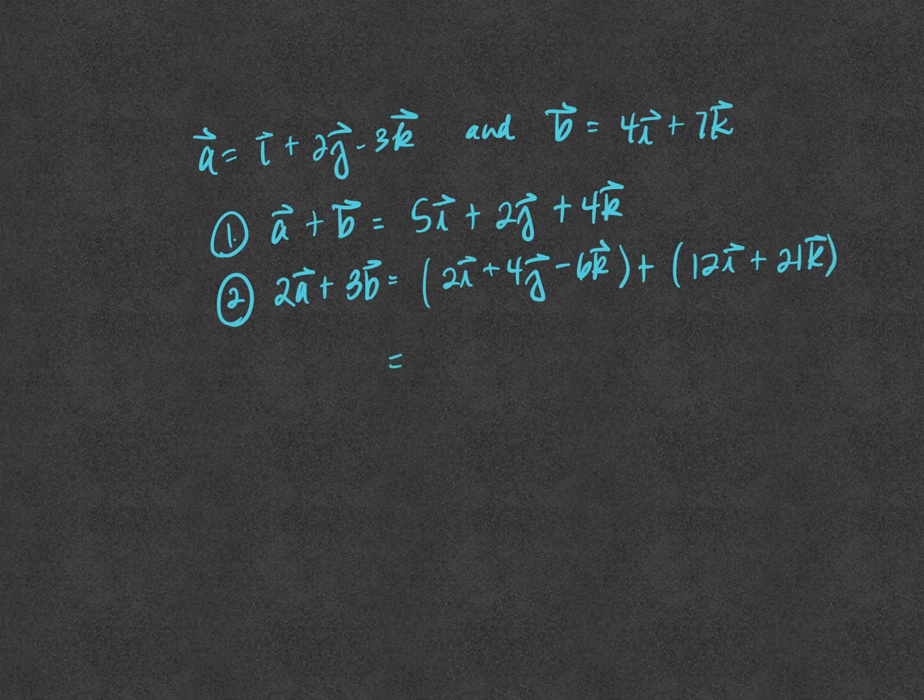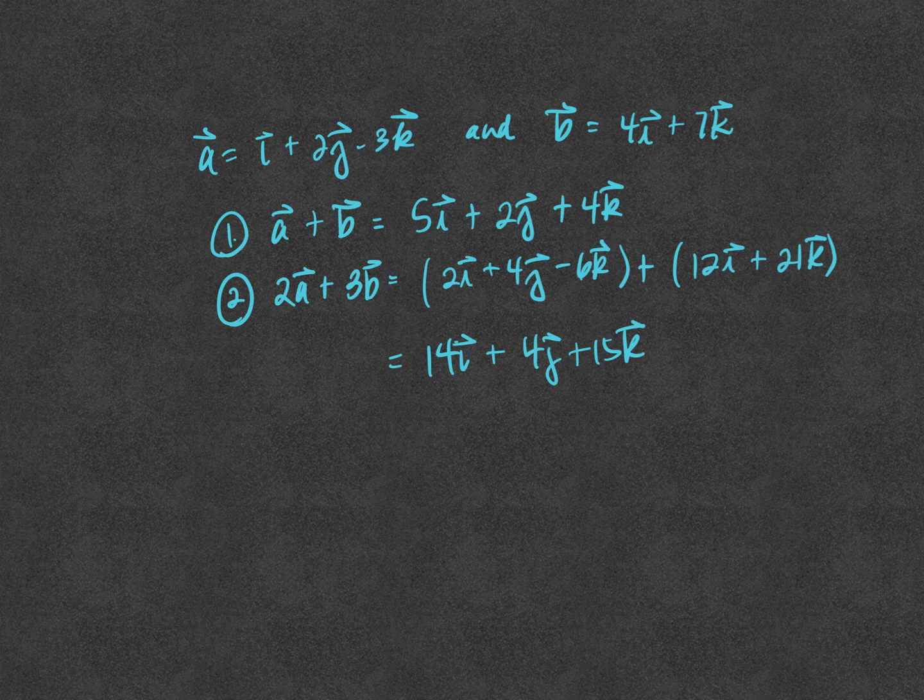So when we combine these vectors component-wise, we end up with 14 vector i plus 4 vector j, and then plus 15 vector k. So again, we're not changing what we did before. We're just going to have two notations. We have a notation component-wise, we have a notation using the standard basis vectors, and we can do things graphically.